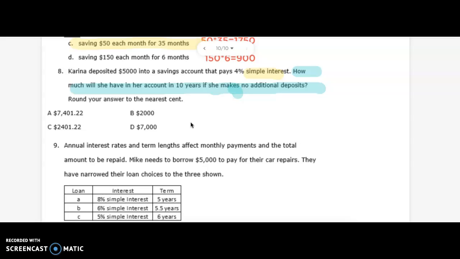So that is the total amount. Principal is $5,000. Time is 10. And my rate is 0.04. Okay.